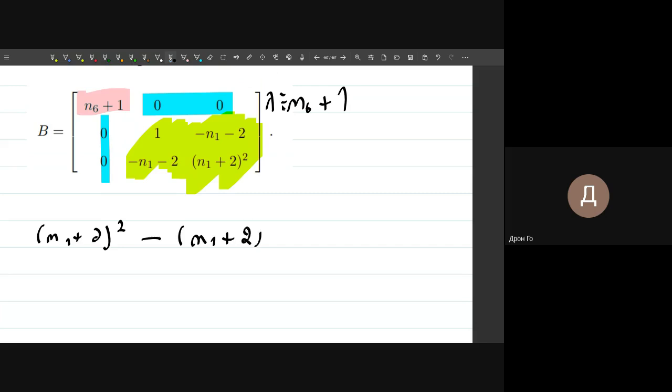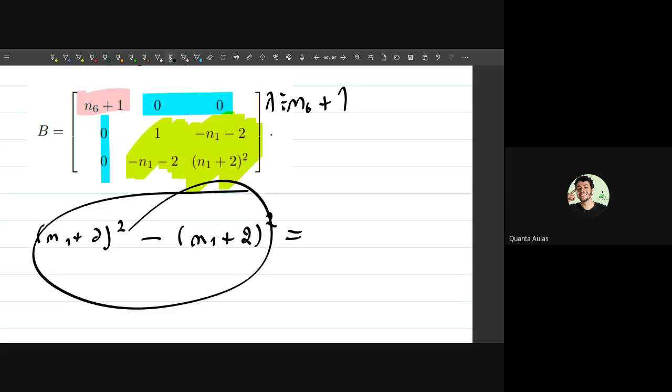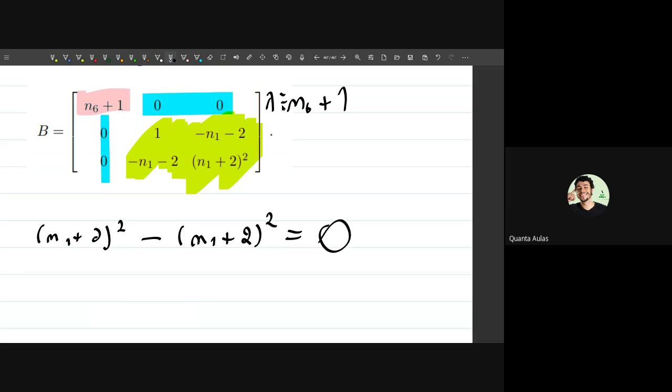So we don't need to know any value to know this calculation is 0. So we know the other eigenvalue. The other eigenvalue is 0.